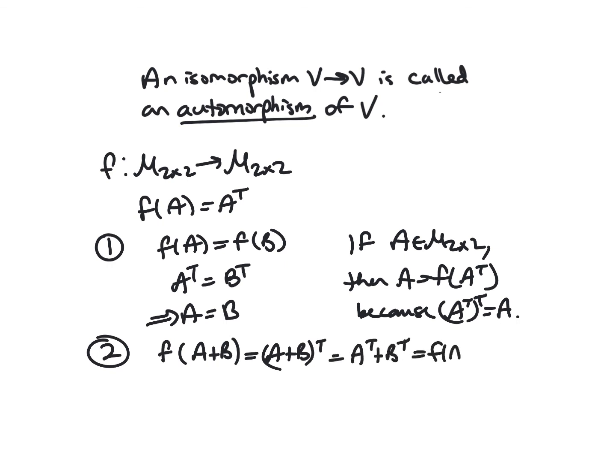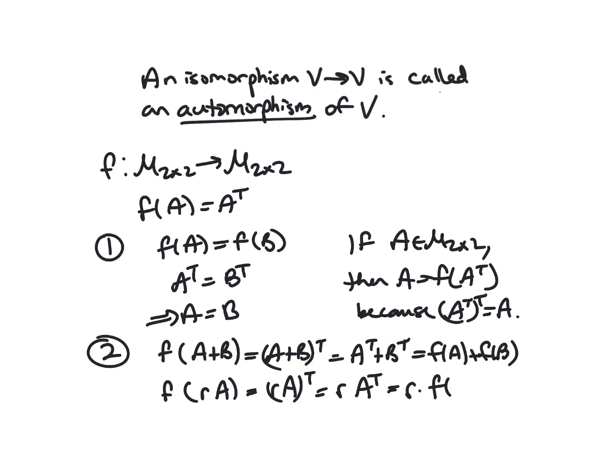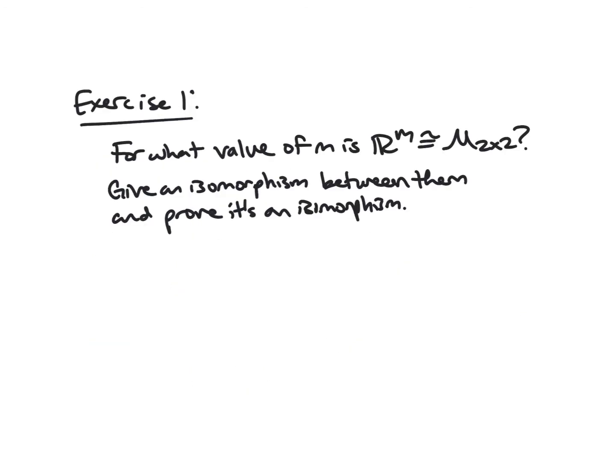And so this is f of A plus f of B. And similarly, scalar multiplication works nicely with transposes, and so f of rA is rA transpose, but you just multiplied all of the entries in A by r, and so factoring that out doesn't change anything. This is r times A transpose, and so this is r times f of A. So this is an example of an automorphism.